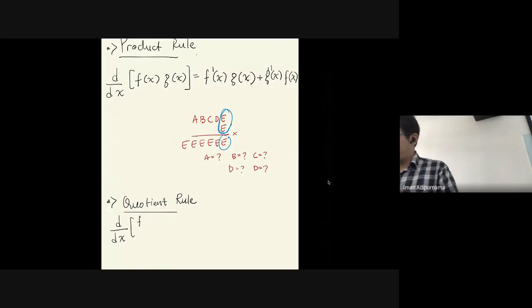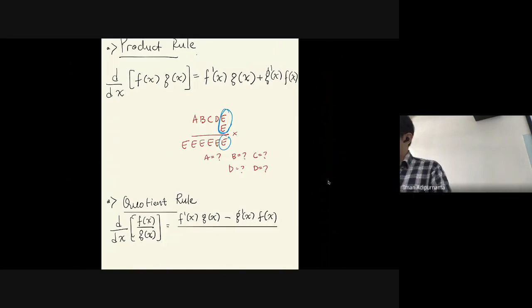Quotient rule means f of x divided by g of x. So it is similar to our product rule, but the difference is this is minus, and get all the way down. And then at the bottom, it's g squared.